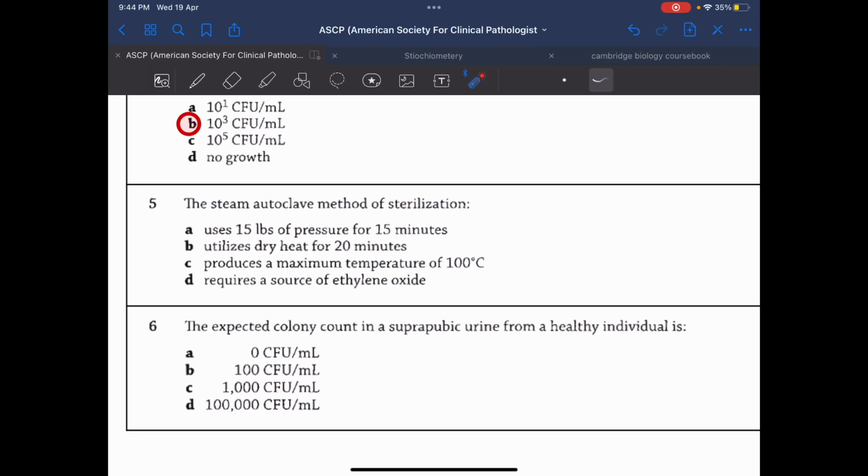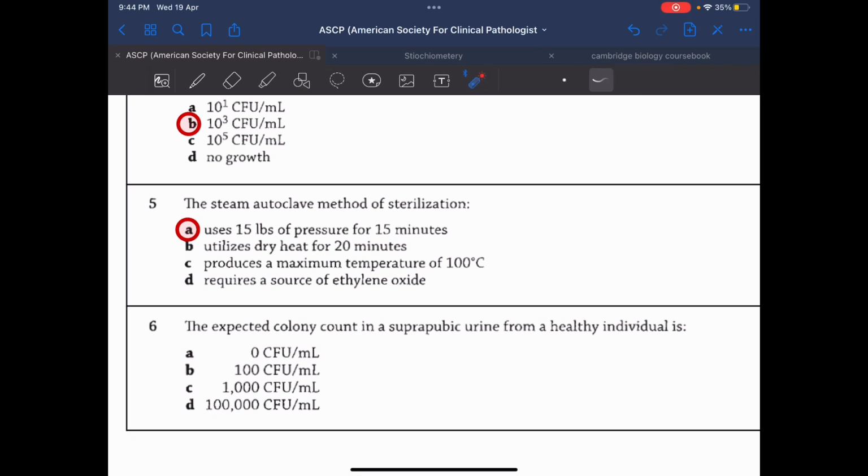So the correct answer is A. Ethylene oxide is an alternative sterilization method. Using a steam autoclave, you should use a temperature of 121 degrees centigrade for 15 minutes at 15 pounds per square inch. So, as we mentioned, the correct answer is A.